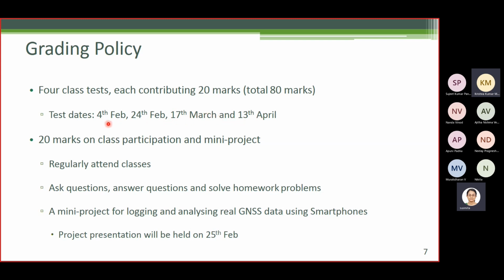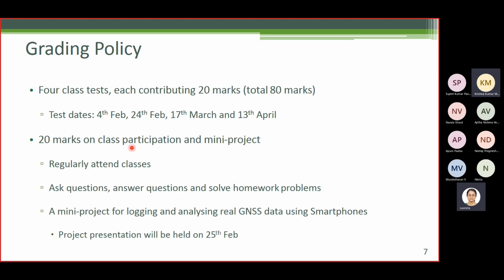In case there is any change, I'll let you know well in advance. But as of now, these are the dates when the tests will be conducted. And then the remaining 20 marks will come from class participation and the project that I mentioned.